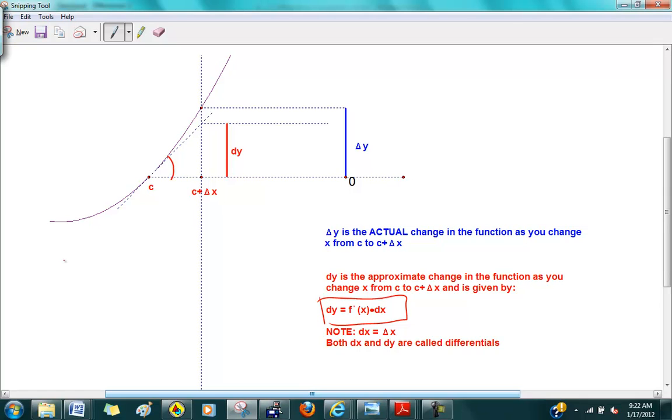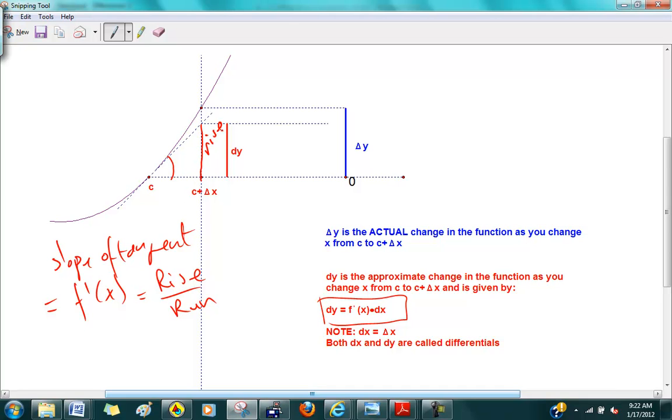So slope of tangent equals f prime of x, and that is given by rise over run. Here's my rise. Here's my run. So my rise is dy. My run is delta x or dx, doesn't matter. Notice that delta x and dx are the same thing.